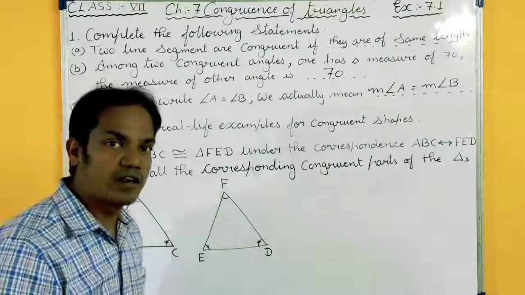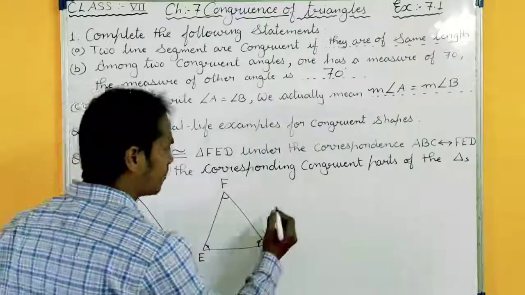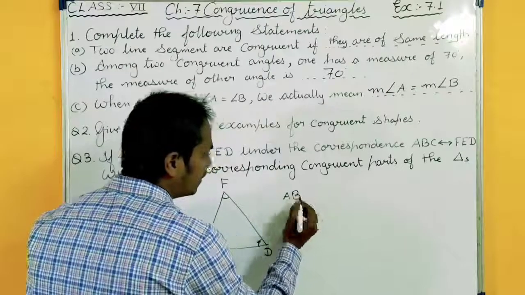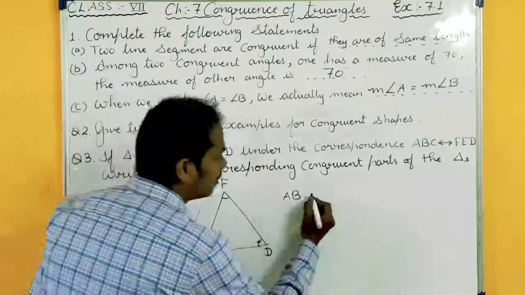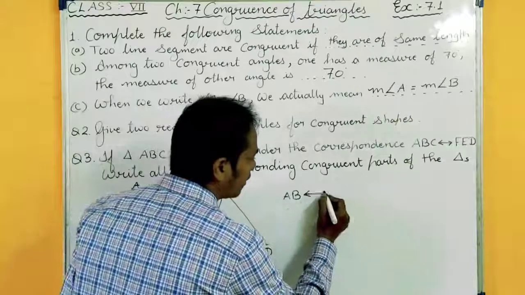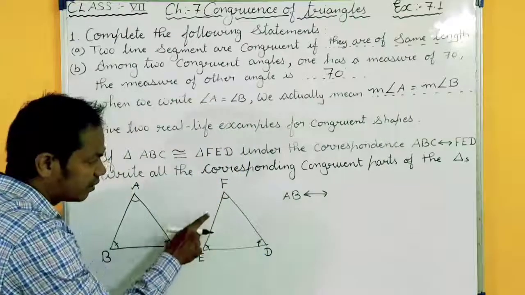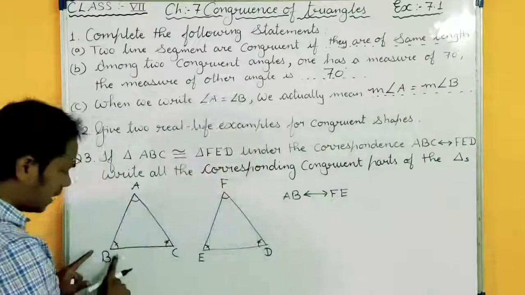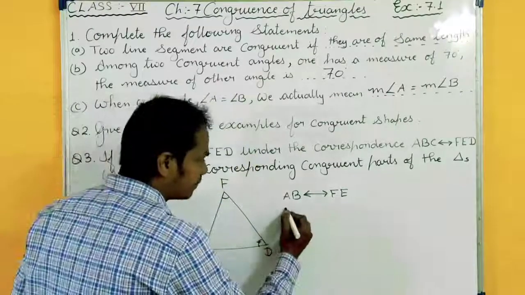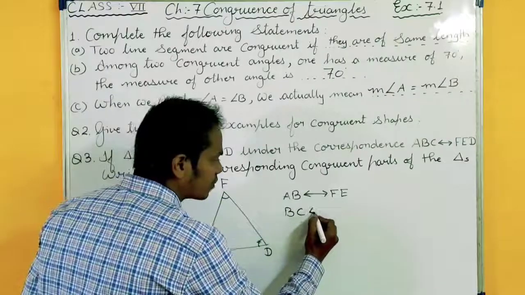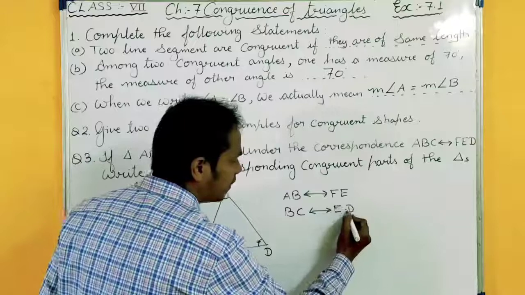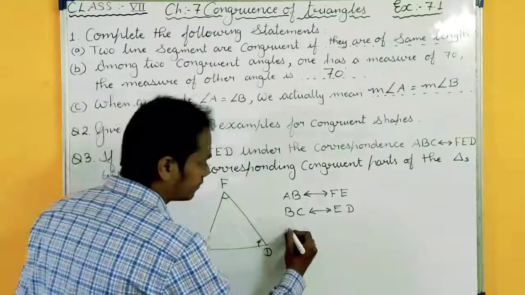Now how to write the corresponding parts? 6 corresponding parts. First I am writing sides. This AB, this is the symbol of correspond, corresponds to side FE. Second side, BC will correspond to ED, and the third side AC corresponds to FD.